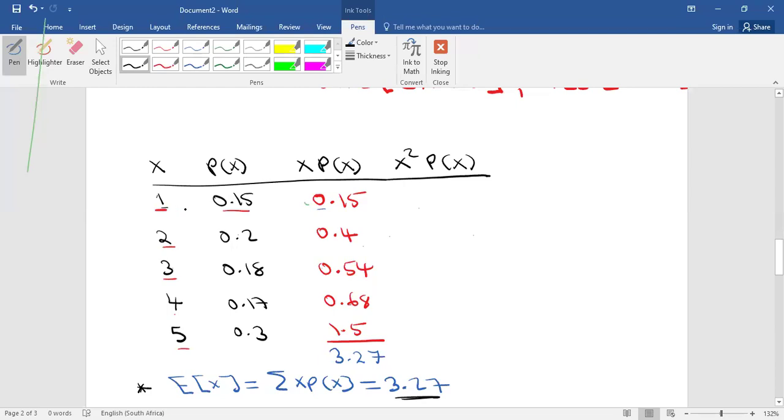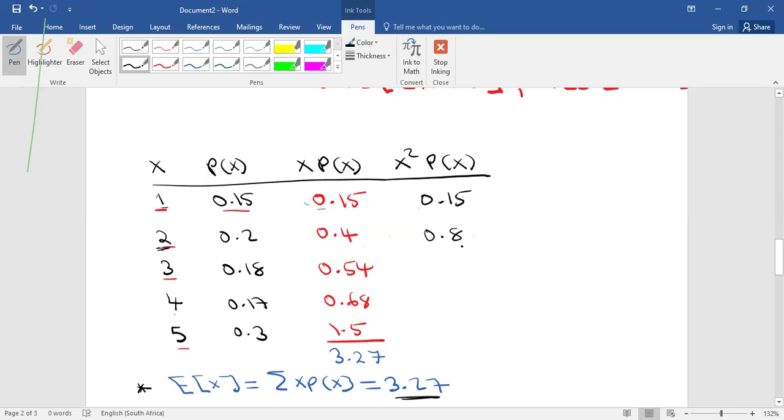So when you square 1, multiply with 0.15, it will just give us 0.15. We go to the next one. We have 2. So you square 2, and that will give you 4. 4 times 0.2, what do we get? 0.8.